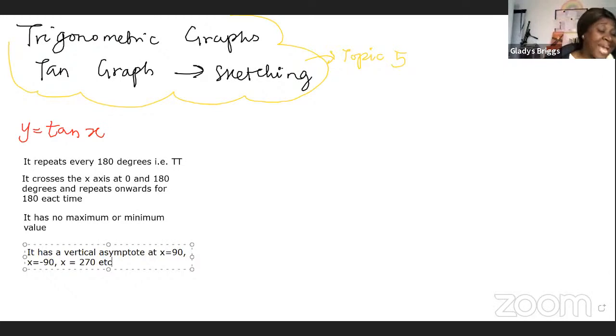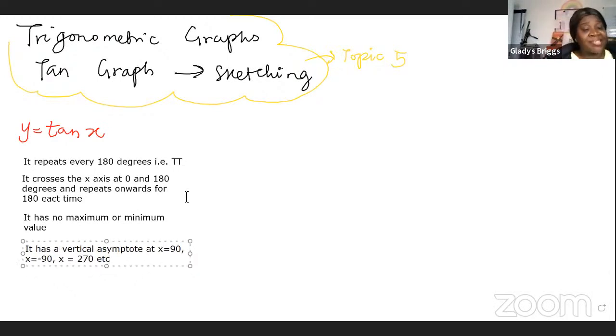And I'm going to tell you what an asymptote is now, okay? So if you finish writing down everything that I've put on the board, then I can tell you what an asymptote is.